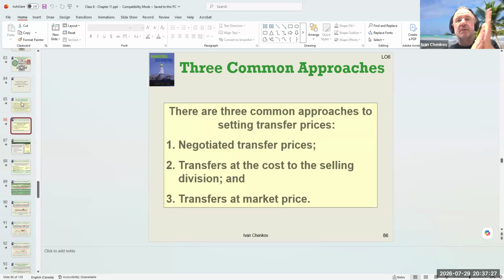The minimum price will be the cost of the selling division that's selling the screens outside, depending on what their variable cost is. So they can transfer it to the other division internally at variable cost. The upper limit for the negotiation will be the market price at which the buying division buys from outside.